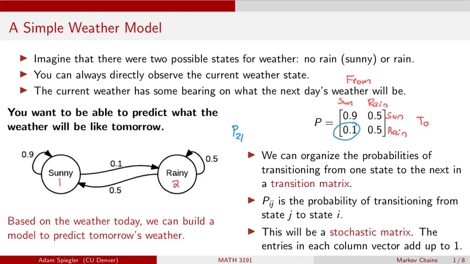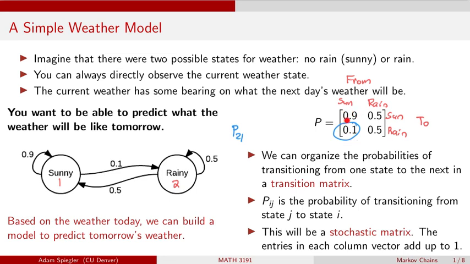And as a result of these being probabilities and us needing to exhaust all possible outcomes, namely if it's sunny today, then the probability of it being sunny tomorrow plus the probability of it being rainy tomorrow must add up to 1, since that must account for 100% of the outcomes. So note each of these columns in the matrix adds up to 1.